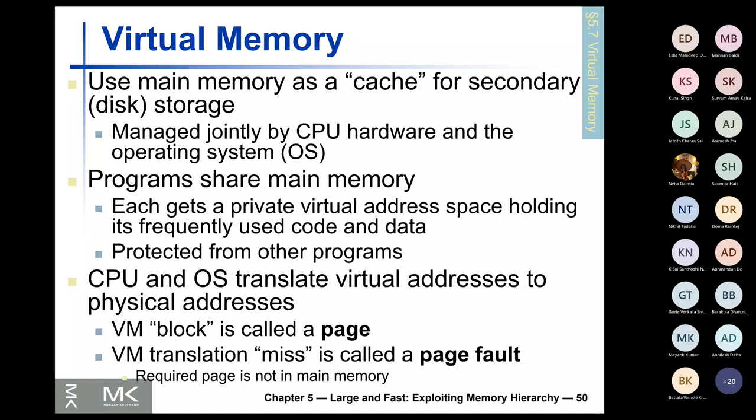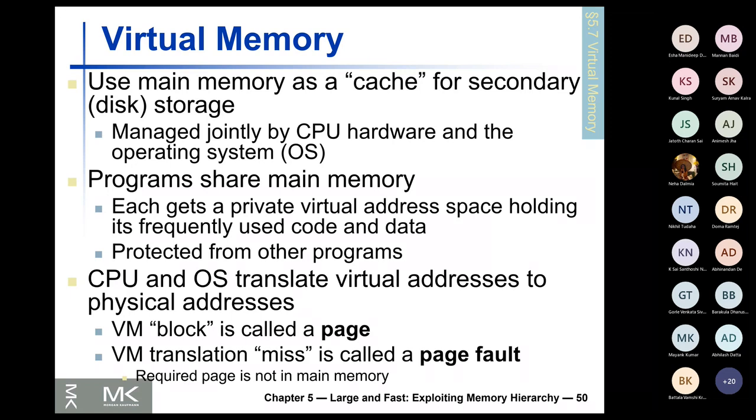Now, we have seen that data transfer between the main memory and the cache happens in chunks called blocks or cache lines. In virtual memory, the chunks are called pages. This is the technical name, page.